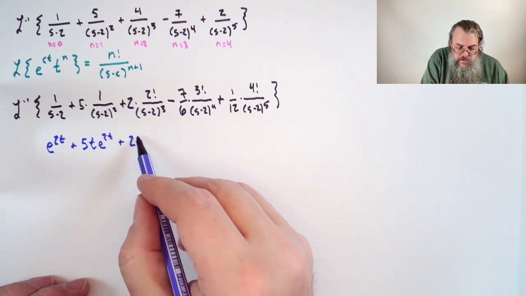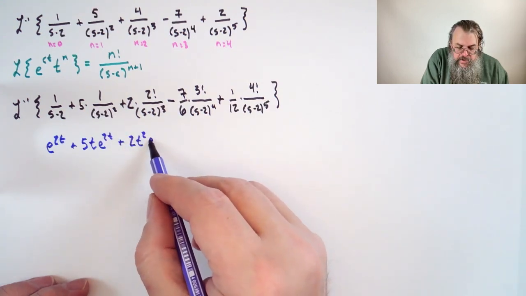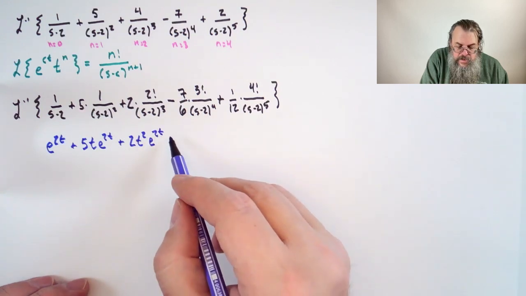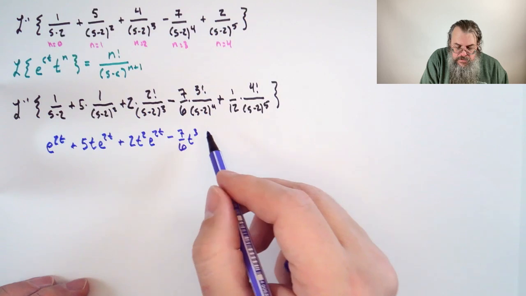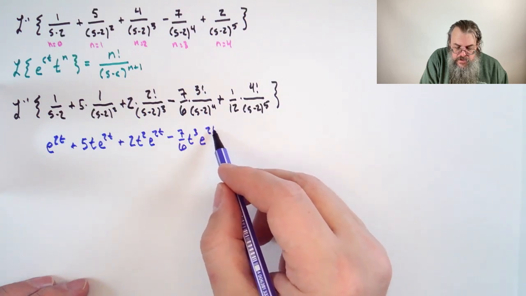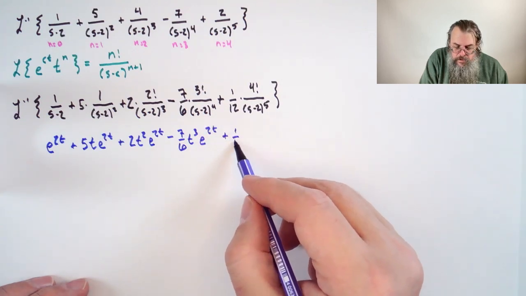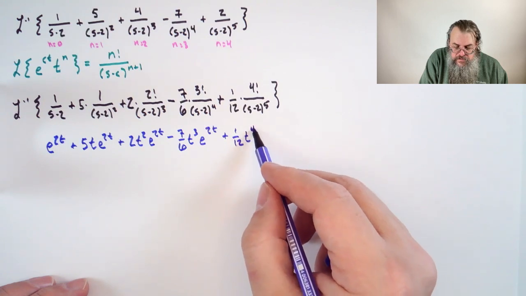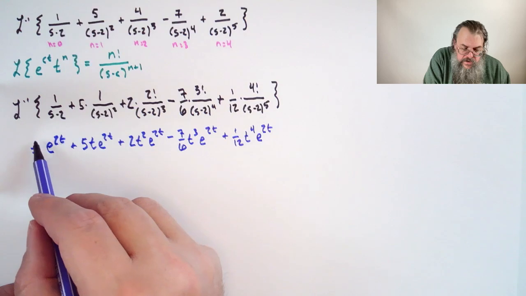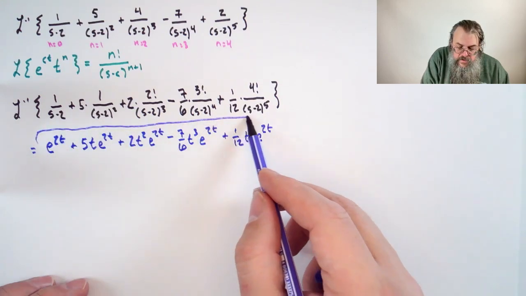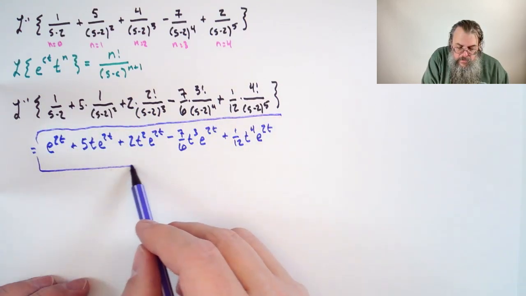Plus 2t squared e to the 2t. Minus 7 over 6 t cubed e to the 2t. Plus 1 over 12 t to the 4th e to the 2t. And that's our answer.